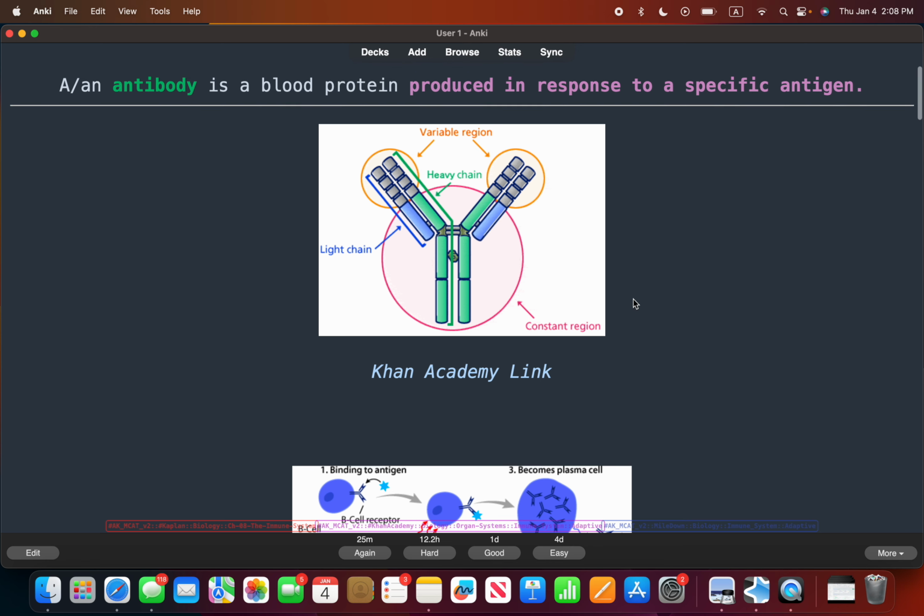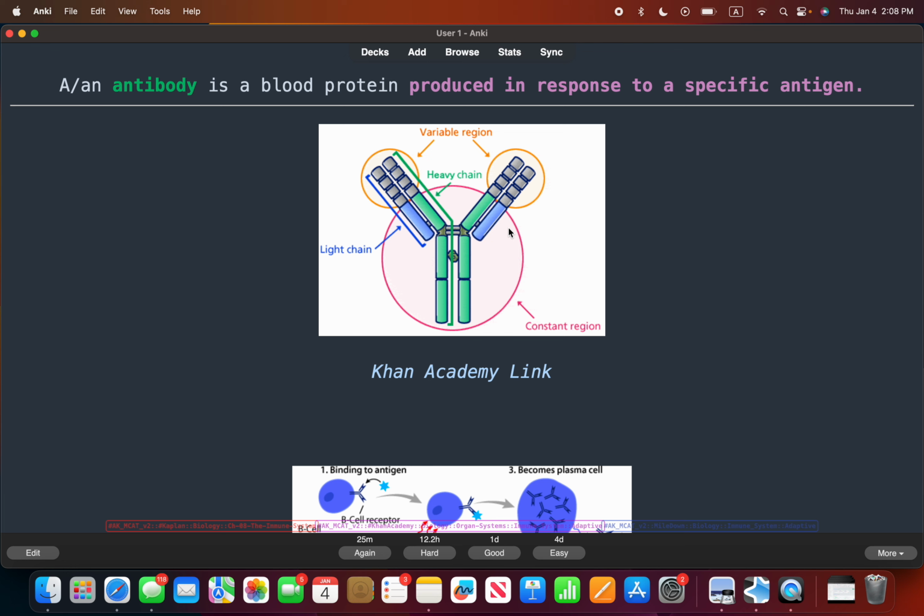And here is a structure of antibodies. We know that they have a light chain, and then they have a heavy chain, and they have also variable regions. So these end sections, with the orange circle, are the variable regions, and those variable regions are attached to a light chain on the left side and a light chain on the right side.